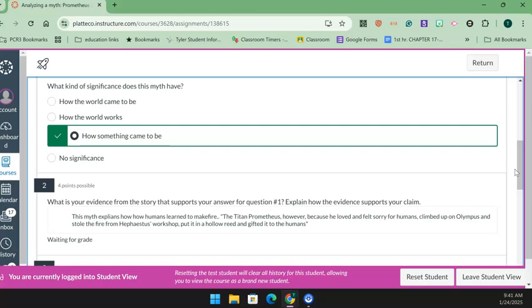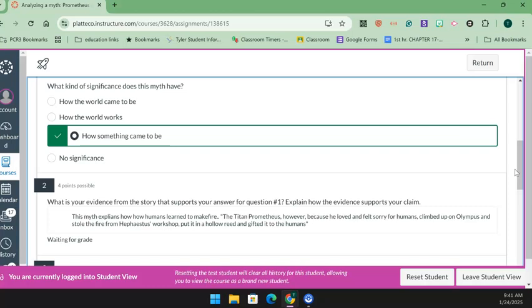If you look at what I put up here, this myth explains how humans learn to make fire, right? That's what this myth teaches. It teaches us how people learn how to make fire. They learned it from Prometheus.